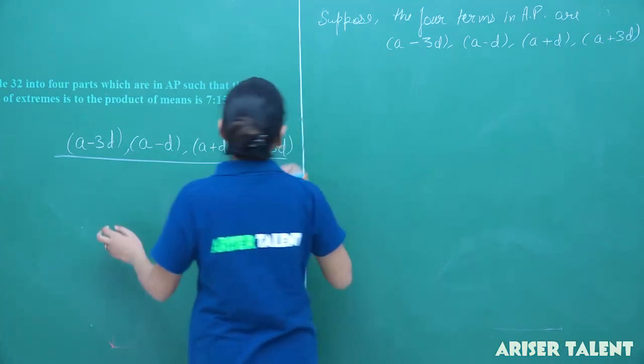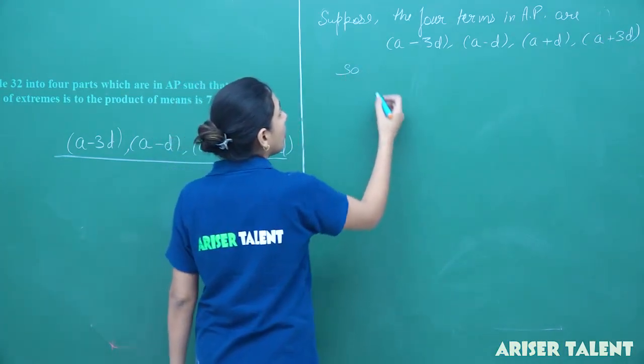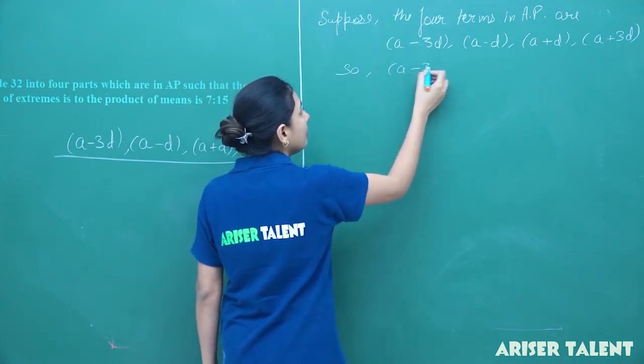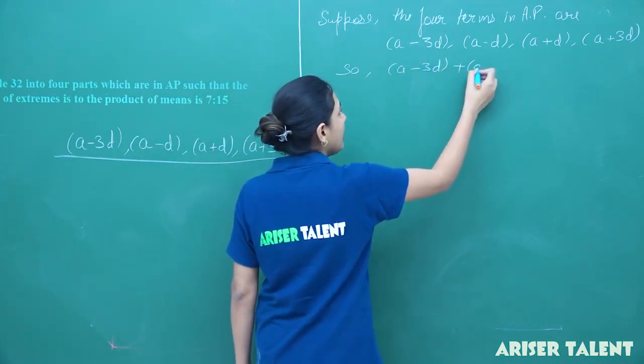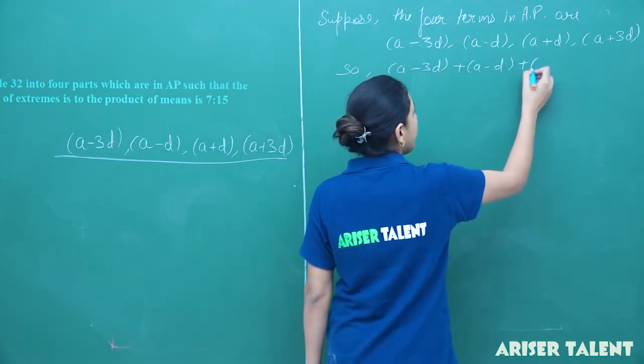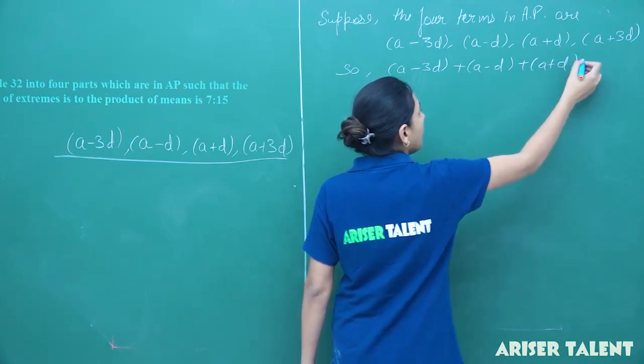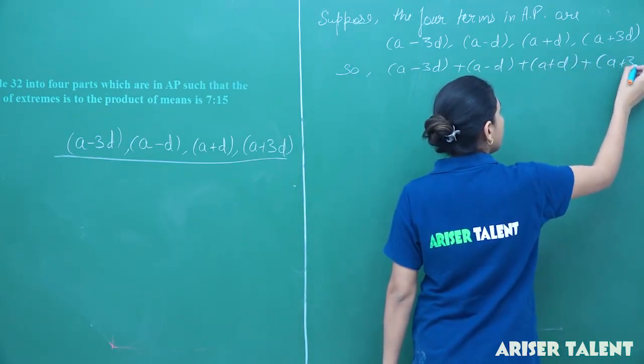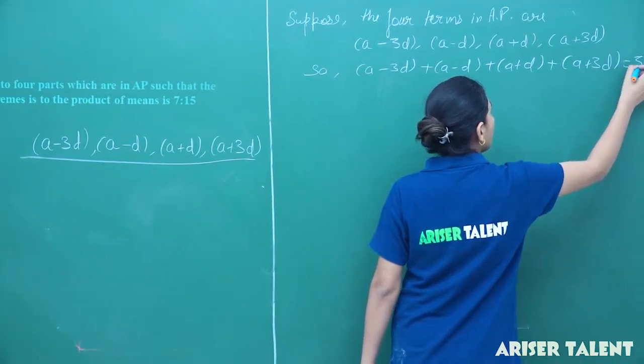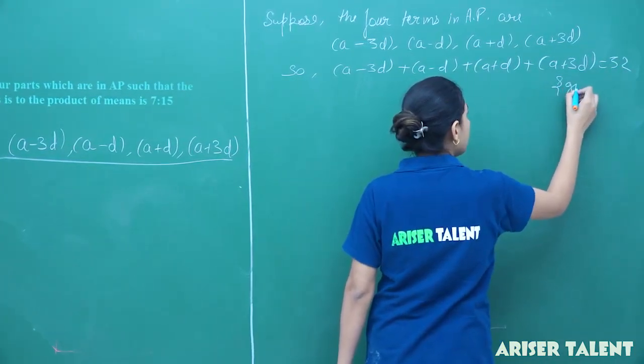Okay. So, A minus 3D plus A minus D plus A plus D plus A plus 3D is equals to what? 32, given as a statement.